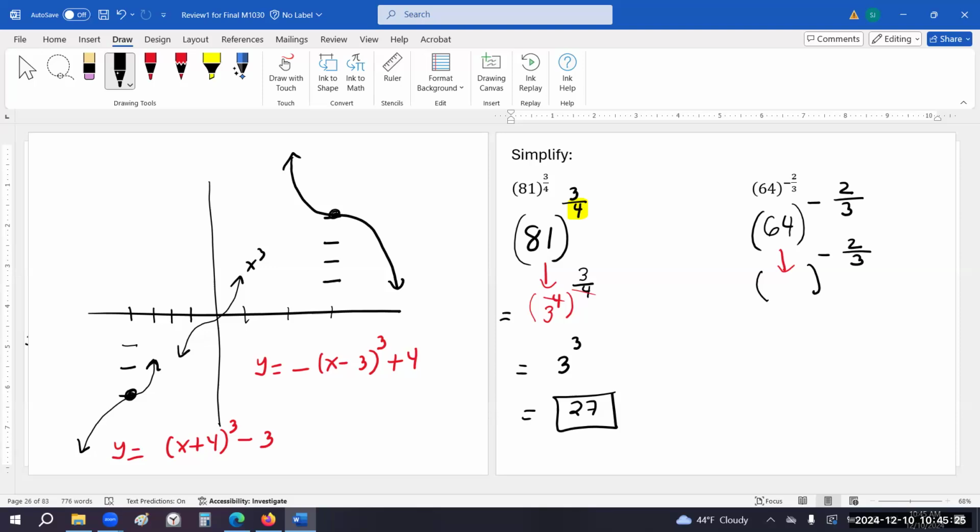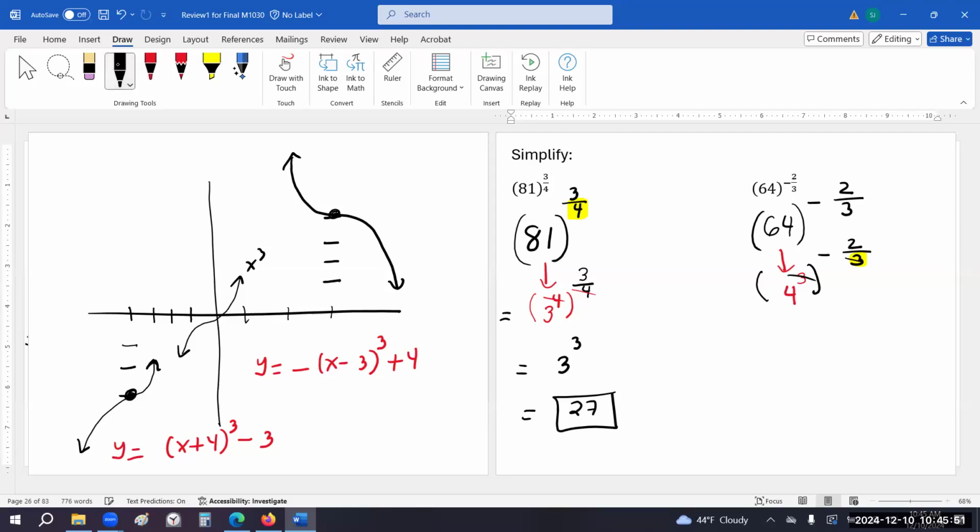We are looking for one number to the what power? Third, because our denominator right now is 3. So based on the denominator, we do that. So what number, if you multiply 3 times, becomes 64? 4. It's 4 to the 3.